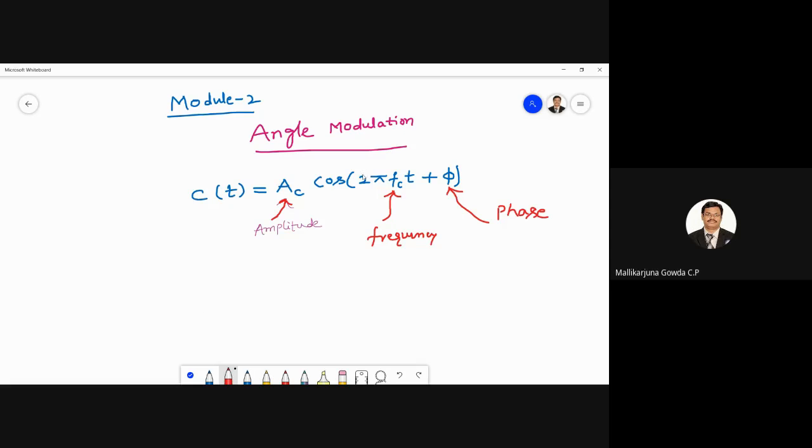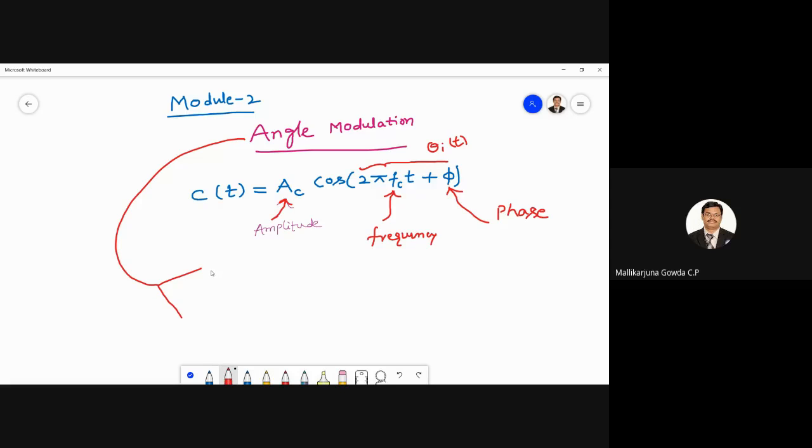So this complete thing, 2 pi fc t plus phi, can be treated as the angle. I can write it as theta i of t. In angle modulation, there are two different types of modulation techniques.